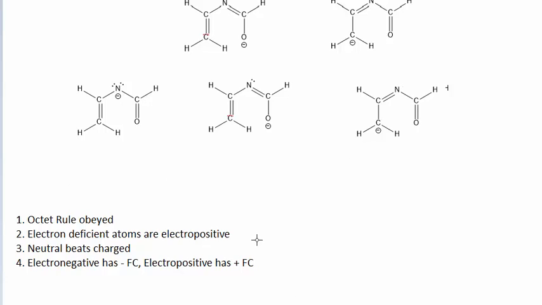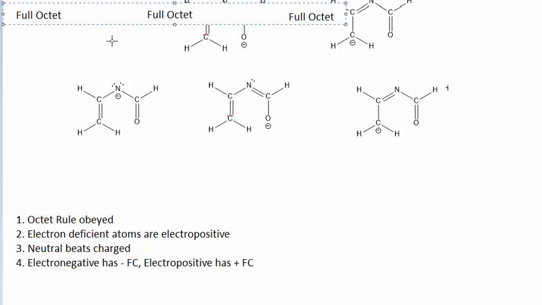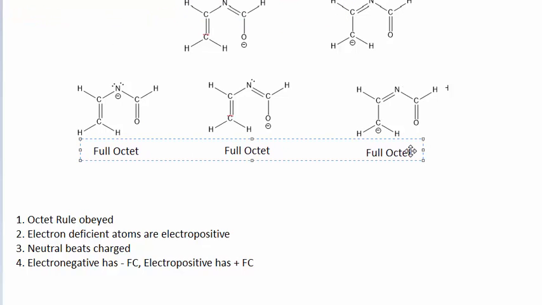The most important is that the octet rule is obeyed. So let's look at each of these three and see if the octet rule is obeyed. We already know that there shouldn't be too many electrons to each of these guys, so what we're really worried about is if there's too few electrons to any of these guys. But we see there's no positive formal charges, so that's not likely. So each of these three have a full octet. We don't have any electron deficient atoms, and we have charged species all around.